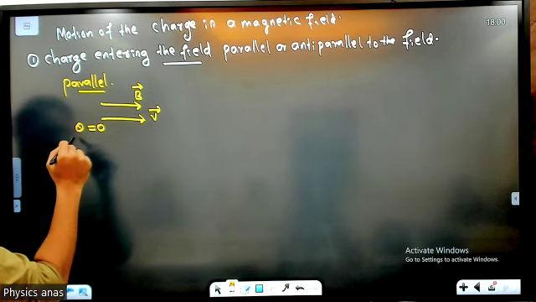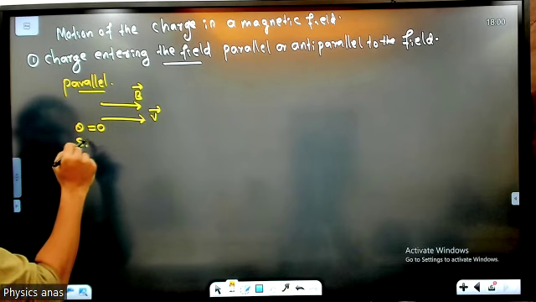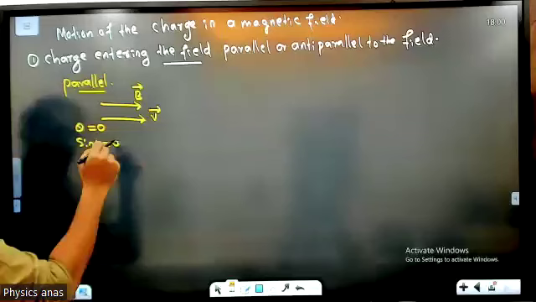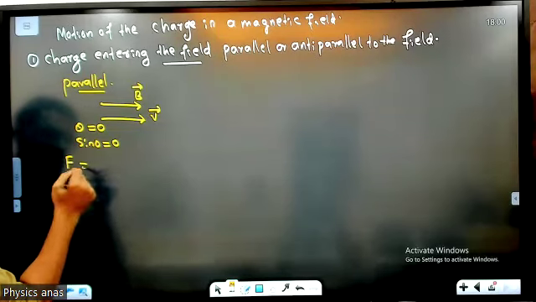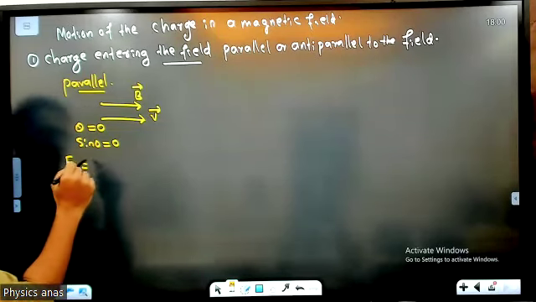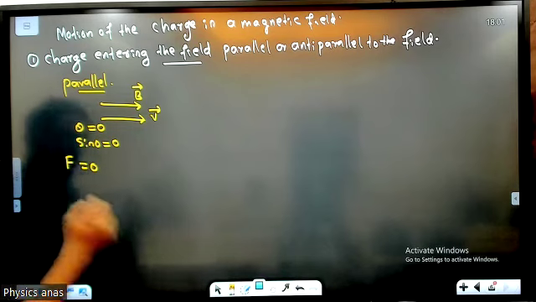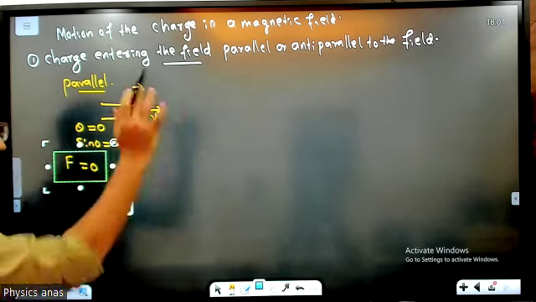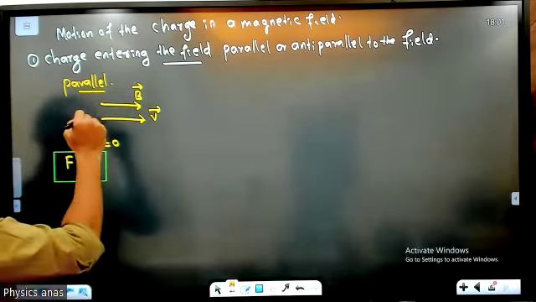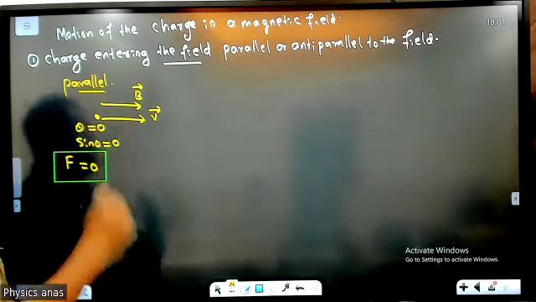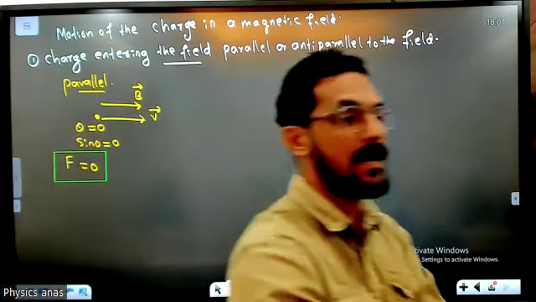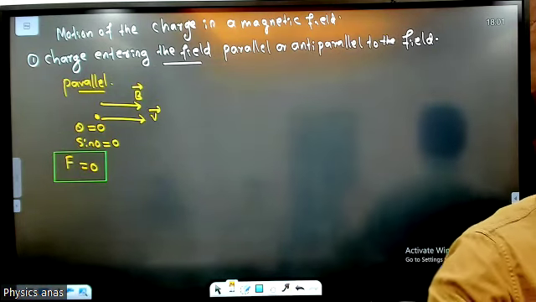If the angle between them is 0, then what is sine 0? Sine 0 is 0. What is the force acting on the charge? The force acting on the charge will be 0. So what will happen to this charge if it is entering the magnetic field parallel to it? Nothing will happen.